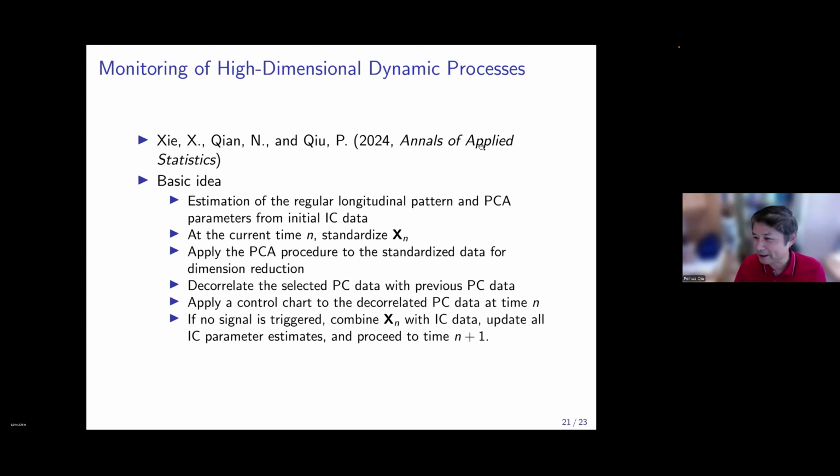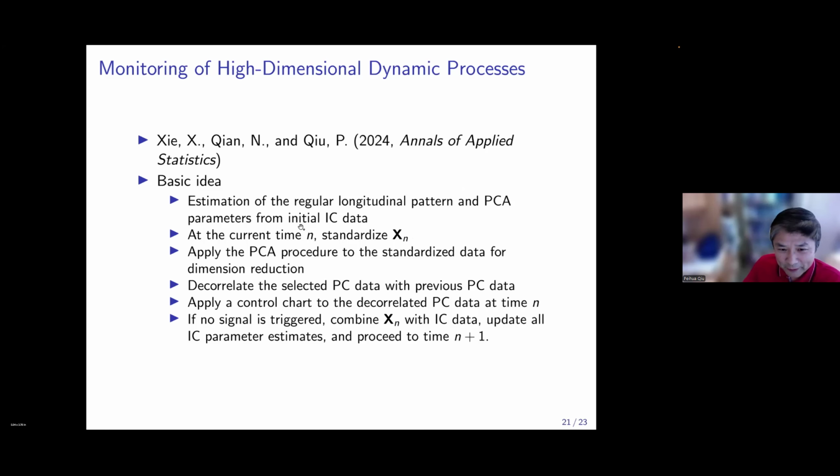And in semiconductor manufacturing, we can easily monitor several hundreds of variables, additive manufacturing or something like that. So if the dimensionality is very high, how do we monitor a so-called high dimensional dynamic process? That's the topic of this third paper, published several months ago.